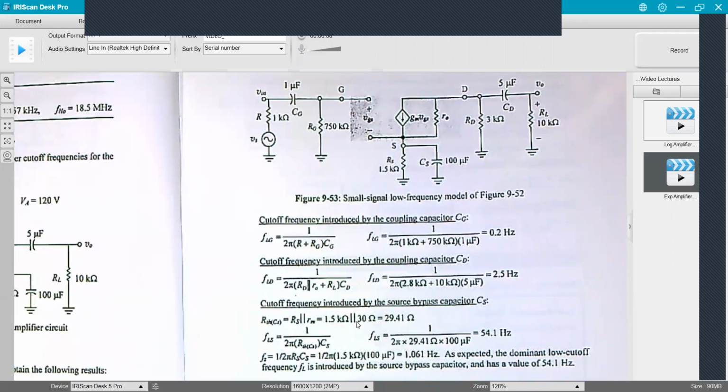And so it's 1.5K in parallel with 30 ohms, or about 30 ohms. Plugging the numbers in, we get f sub L due to your source capacitor of 54.1 hertz. This is the highest frequency of the low frequency poles, so this is my dominant low frequency pole.